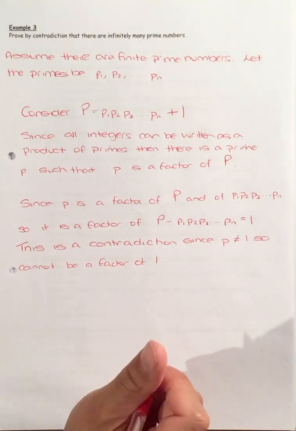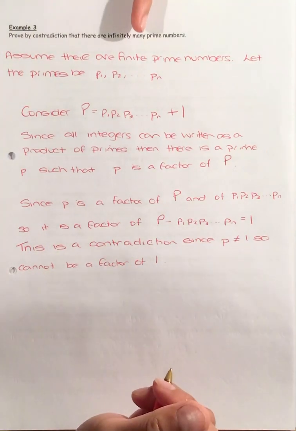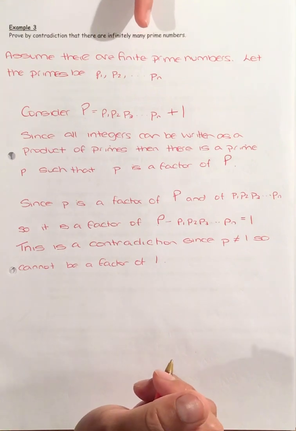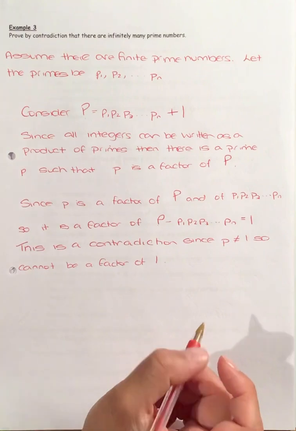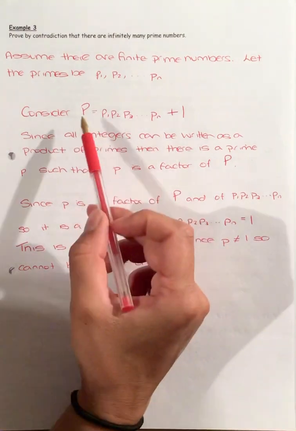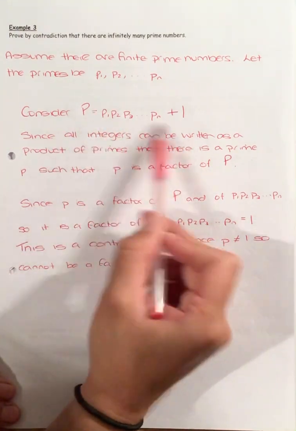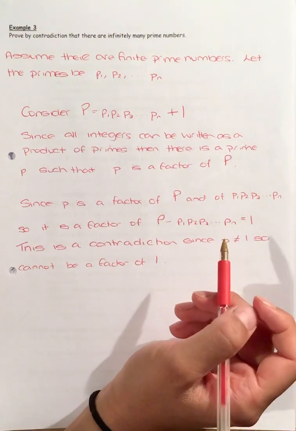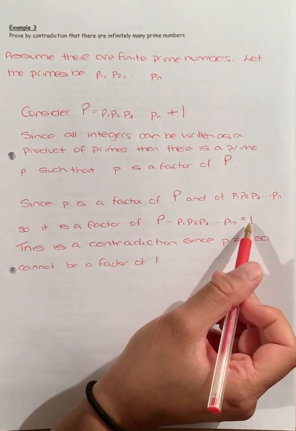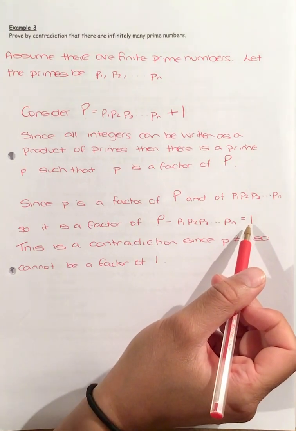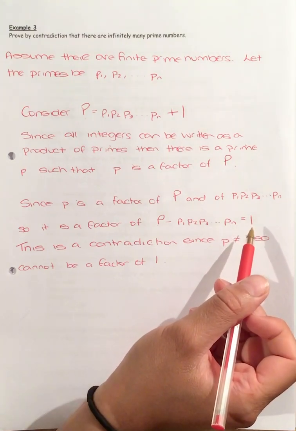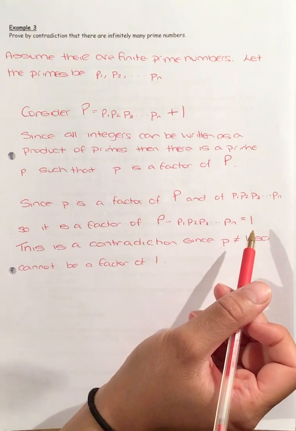So, assuming that there were finitely many prime numbers led us to come up with a prime factor of this number here, which is the product of primes plus 1, and that prime factor ended up having to be a factor of 1, but there are no prime factors of 1 because the only factor of 1 is 1 itself, and that is not prime.